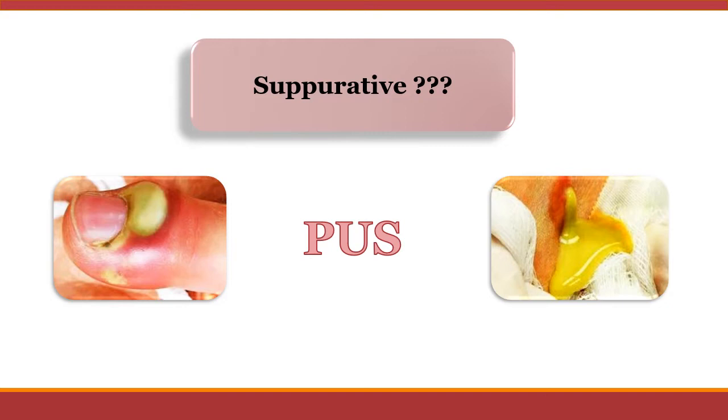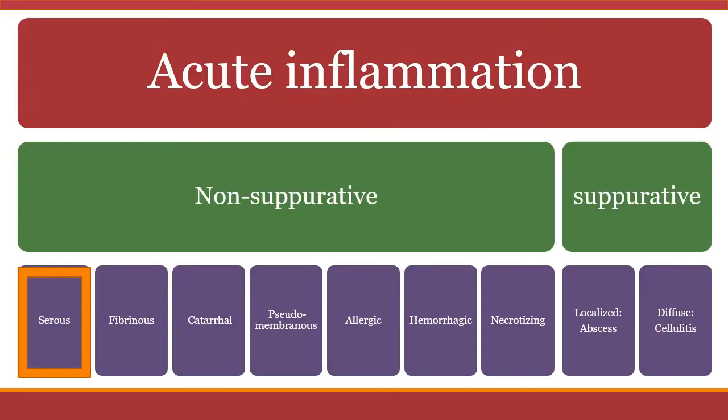This is a type of suppurative inflammation. So back to our scheme, acute inflammation is divided into non-suppurative inflammation, in other words, the inflammation that will not show pus formation, and we have suppurative inflammation that will show pus formation.